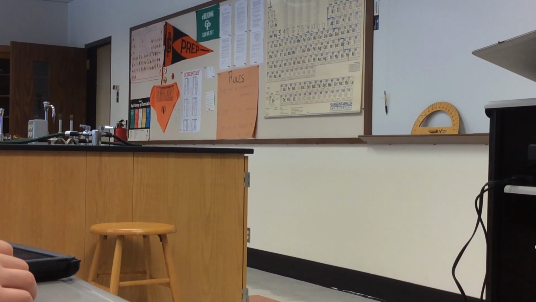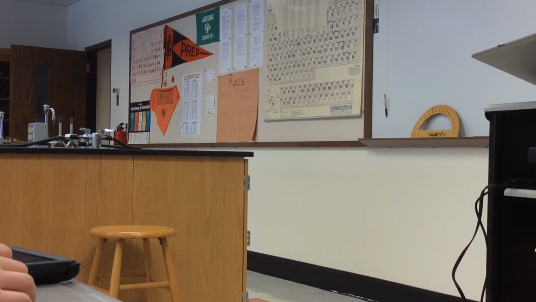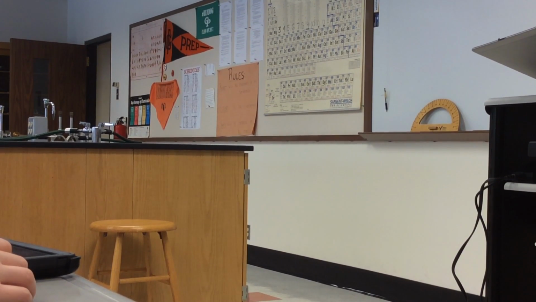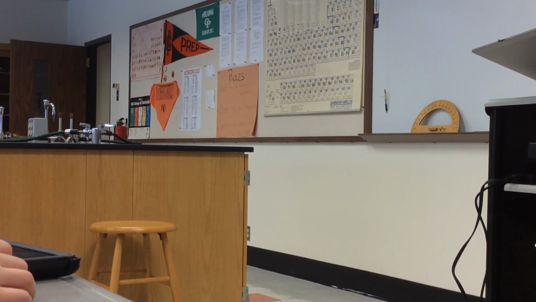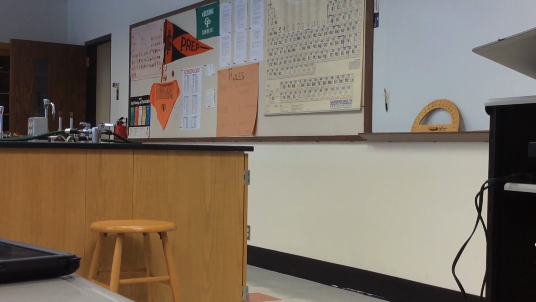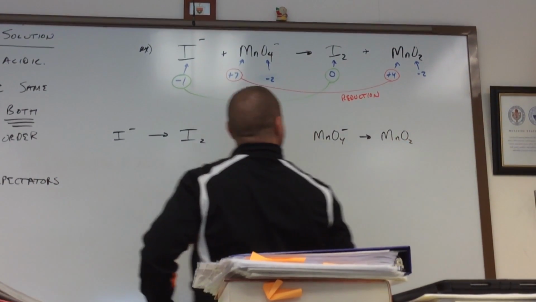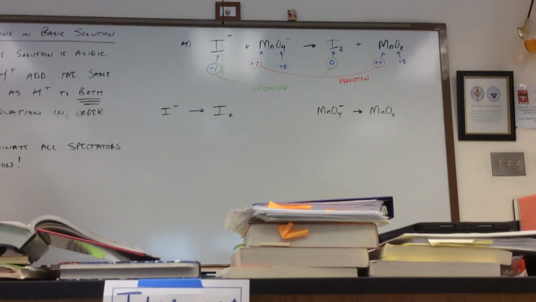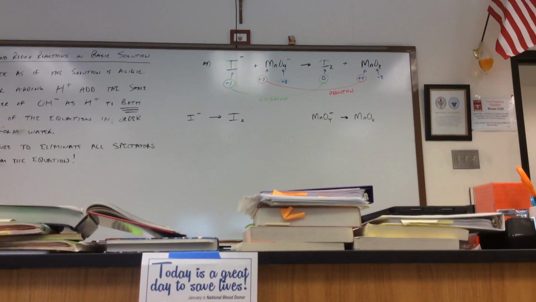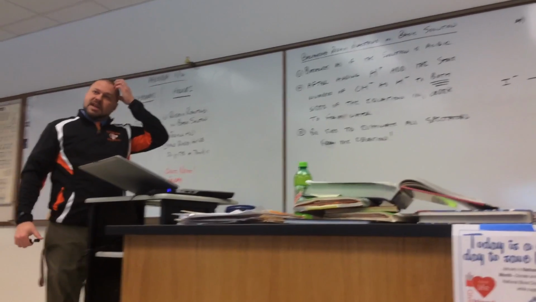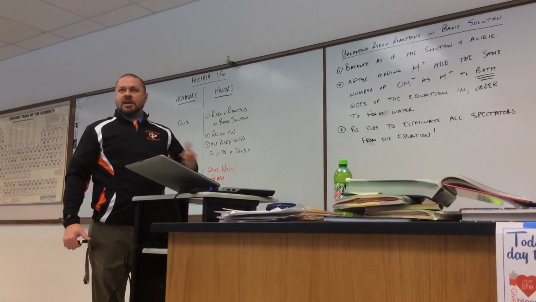All right, so I like to do my oxidation first. So I'm going to do I negative yielding I2. My other reduction is MnO4 minus yielding MnO2. Okay, so I'm going to approach this like it's acidic. So the first thing I'm going to do is balance elements other than hydrogen and oxygen.